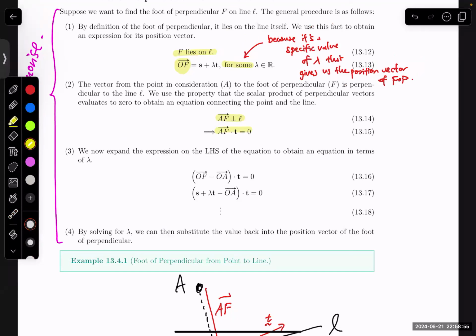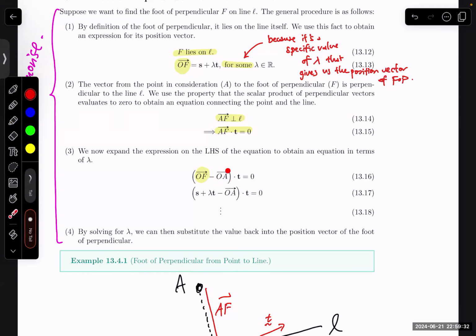Okay, so this dot product is equal to 0. This is your next part. Now you're going to combine these two facts into one. Because you have some expression for your position vector, you're going to put that position vector into here. You have your position vector OF, and you know the position of the rock, the position vector will be vector OA.